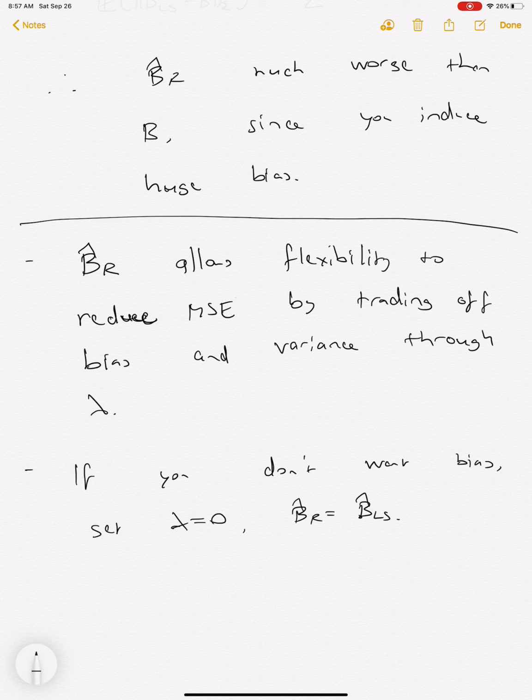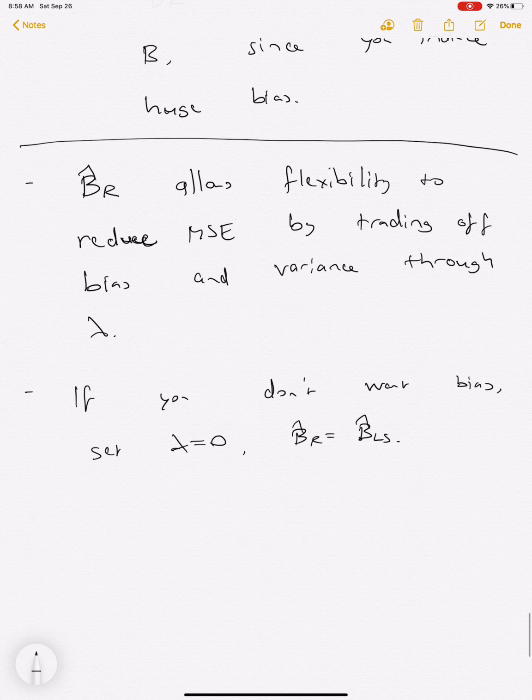But here we essentially have a broader set of methods, because lambda can vary. It can be anything bigger than 0, so lambda ranging from 0 to infinity. Sorry, I don't know if I mentioned explicitly that lambda has to be greater than or equal to 0. So in some sense you have a broader class of estimators which depends on lambda.